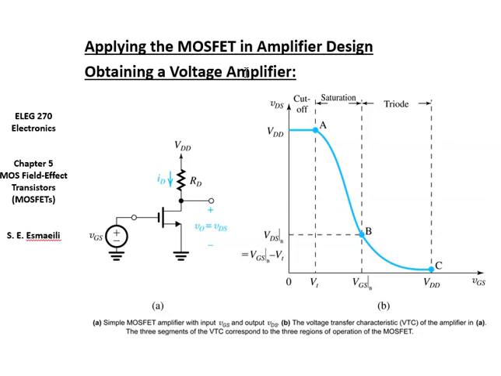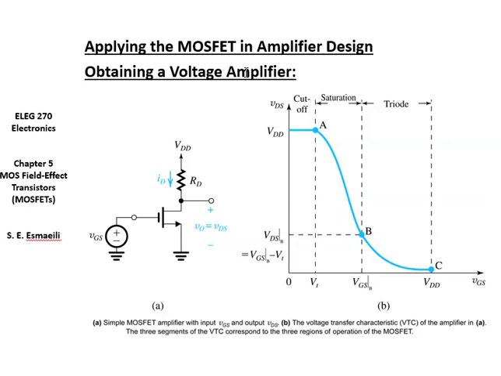I use the reference to the BJT a lot now because you know that one, so you will learn this one much easier by comparison. For example, you remember that the BJT can be used as an amplifier only and only if it is in the active mode.